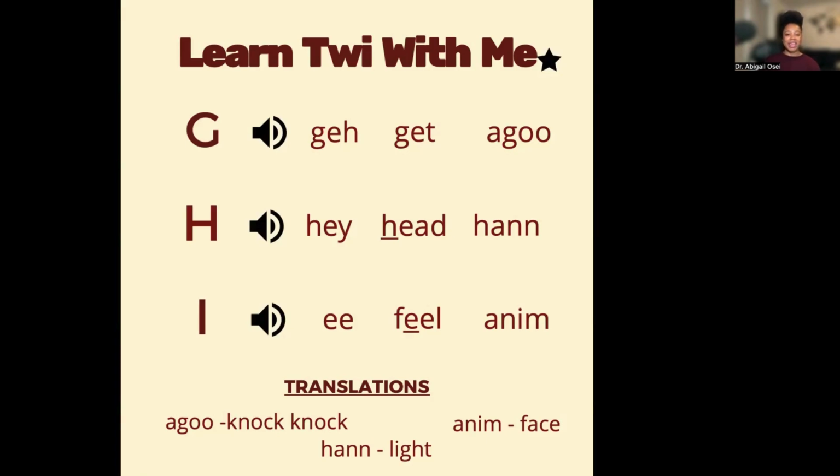Then you have E. The letter I in tree is pronounced E, like the same E in feel. And anim is face. Manim, my face. Wenim, your face. Nanim, his or her face.